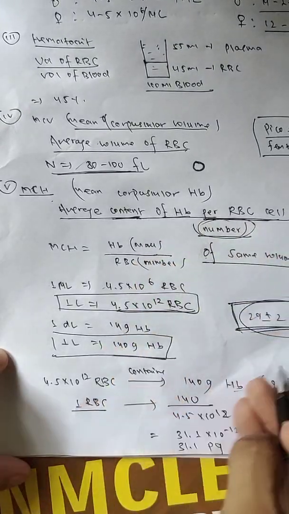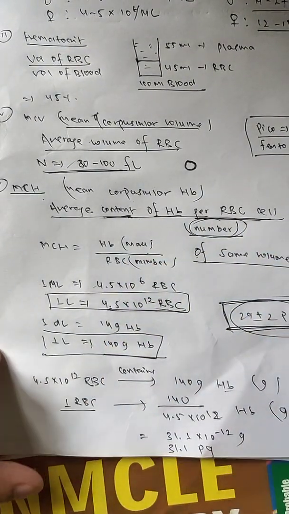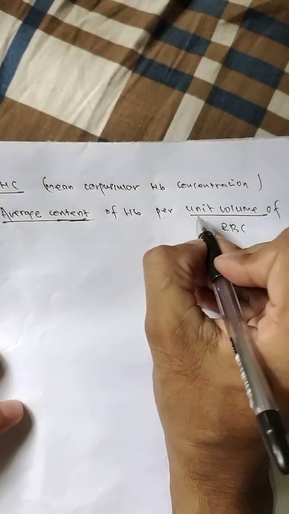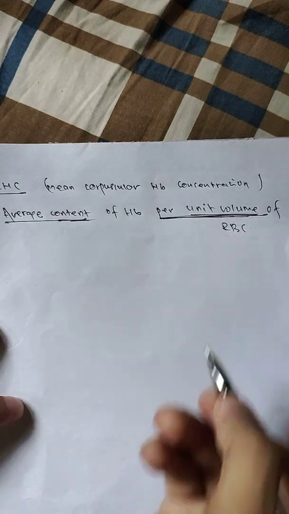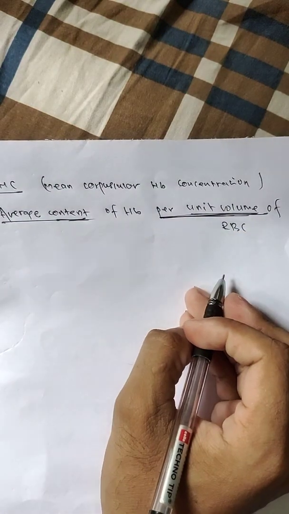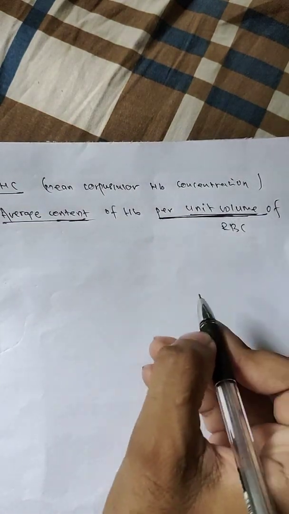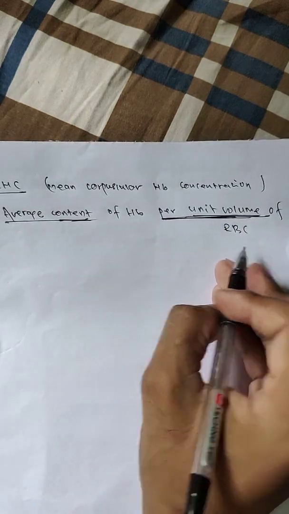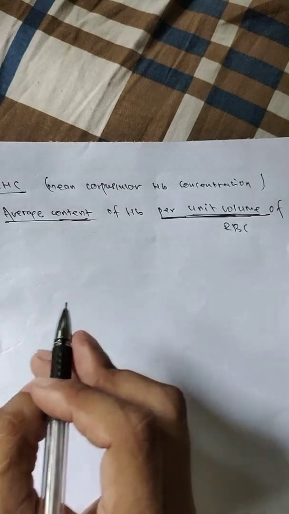That is a number, so it could be gram or picogram per one RBC. Here it is per unit volume, that means gram of hemoglobin per liter, or it could be deciliter or microliter or anything.